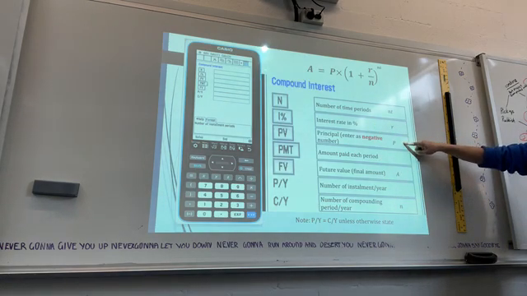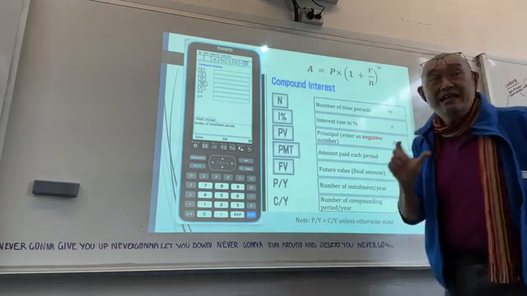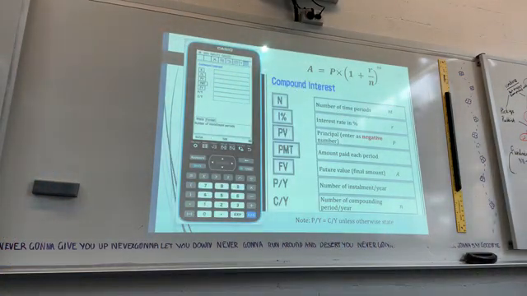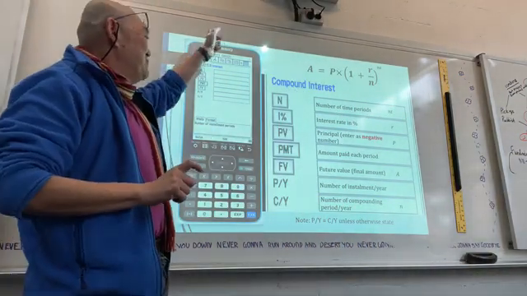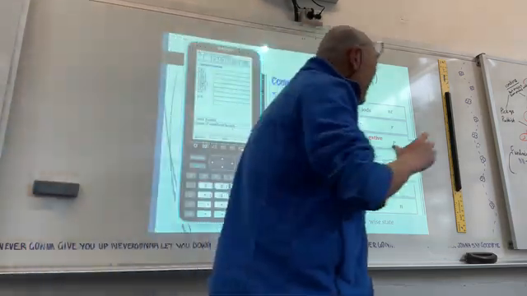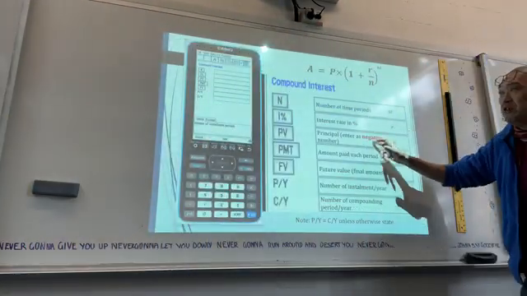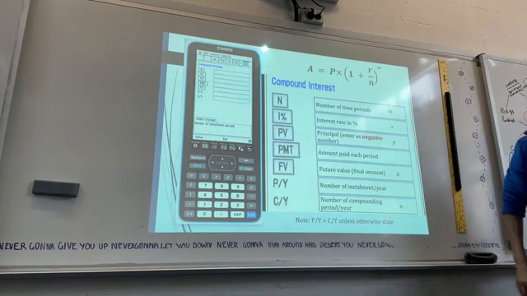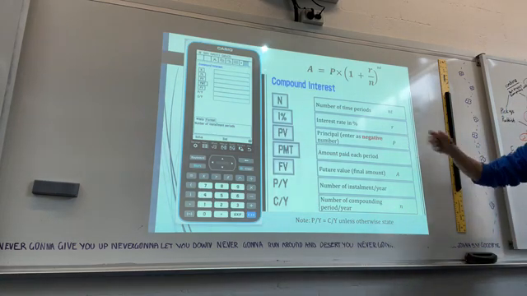PV is present value or the principal. Now, you have to enter it as a negative number. All right? This is the quirkiness of a Classpad. If this is compound interest and you are putting money in a bank to earn interest, you don't have the money.